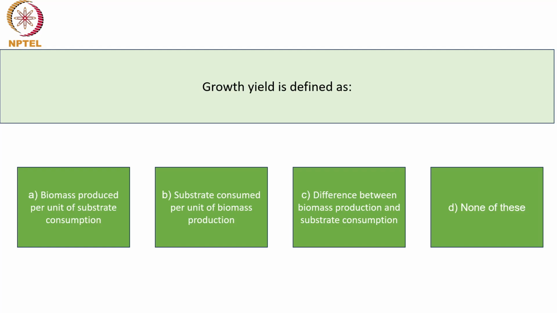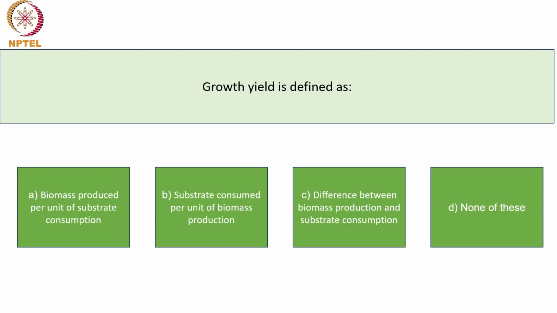Generally in engineering, how you measure yield is the output that you get divided by the input that you give. So here, what is the output we are getting? It is the biomass that is getting produced. So that will be the output, dx.